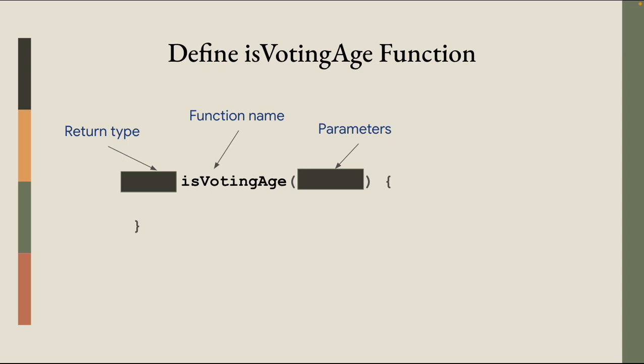So remember we got the 3 parts: return type, function name, and the parameters. I already gave away the function name. What's the return type of this function? Bool. What is the parameter for this function? Age.